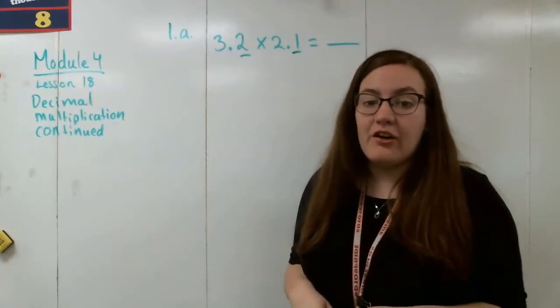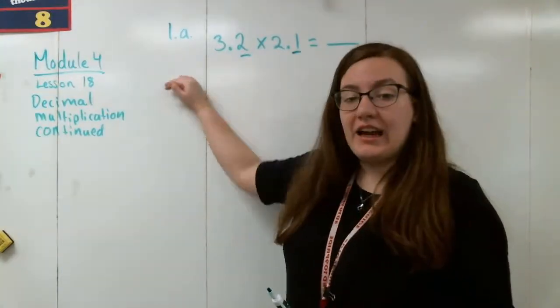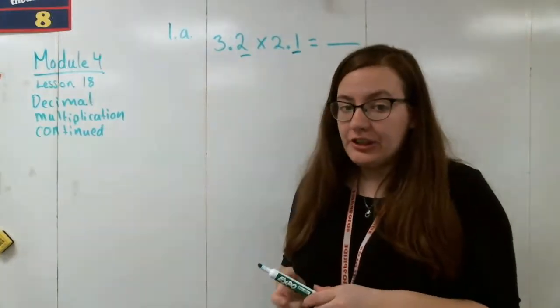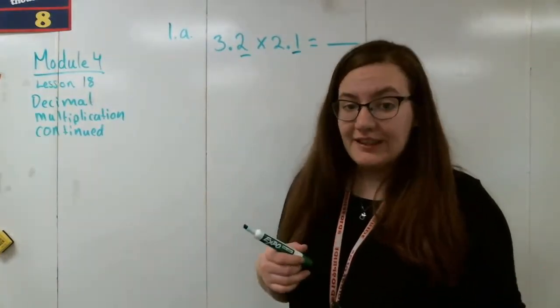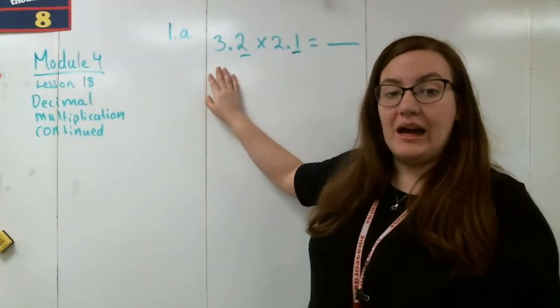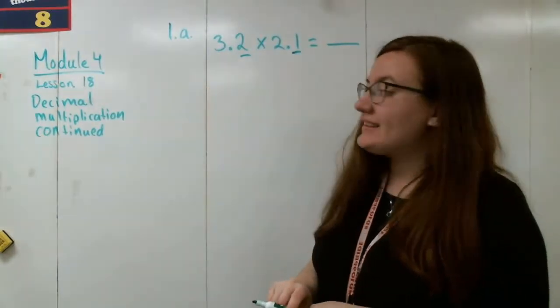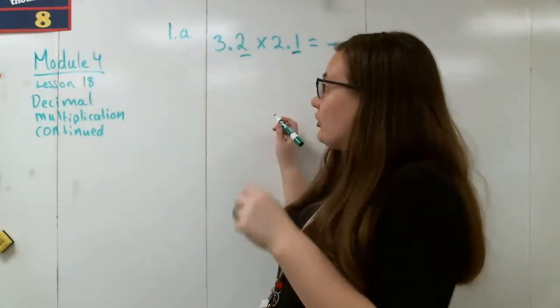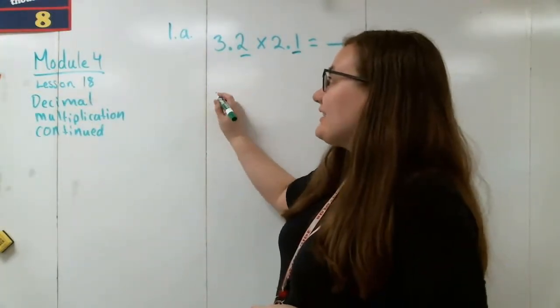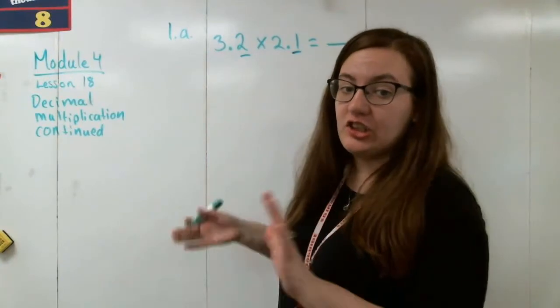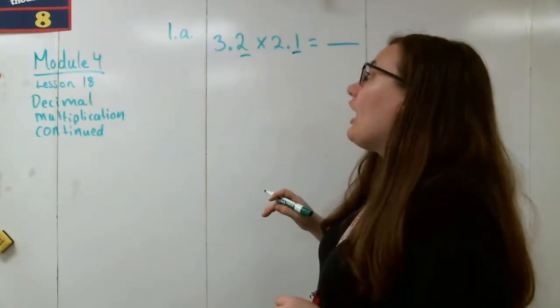Now, what we're going to start off with is solving these problems similar to the way that we solved them in the previous lesson. So I'm going to take a look at this number, 3 2/10, and I am just going to write this as a fraction first, just like I did in the previous lesson.